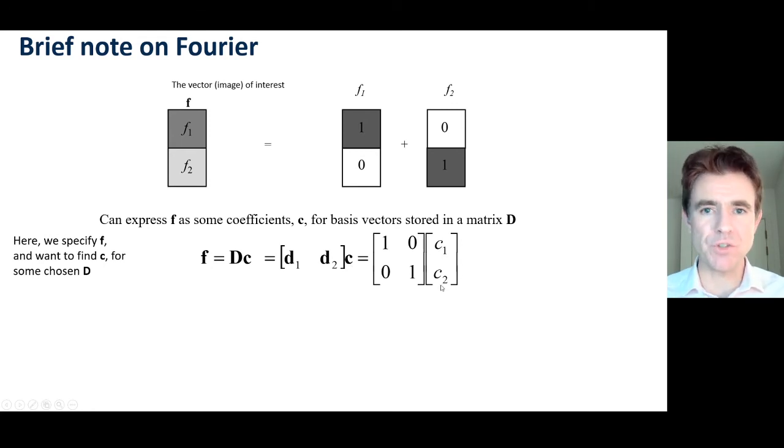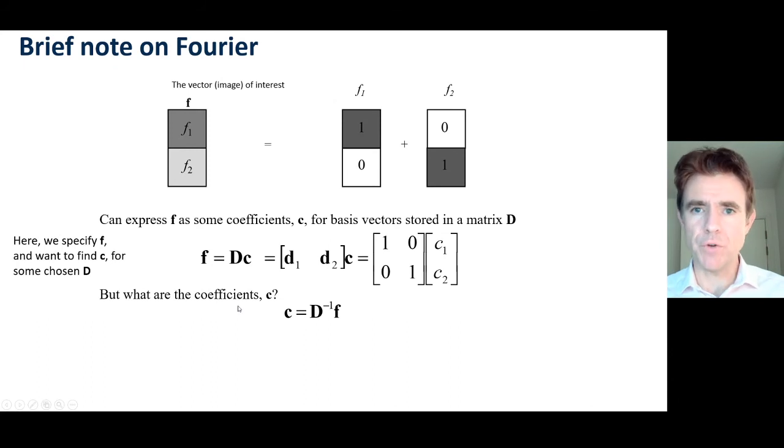Now, of course, we can see this is very trivial for this case, but we've just got to bear with it because of the insight that we'll get in a moment for the Fourier basis vectors. Okay, so that's the expression where we're saying f is equal to some coefficients multiplied by a basis vector matrix.